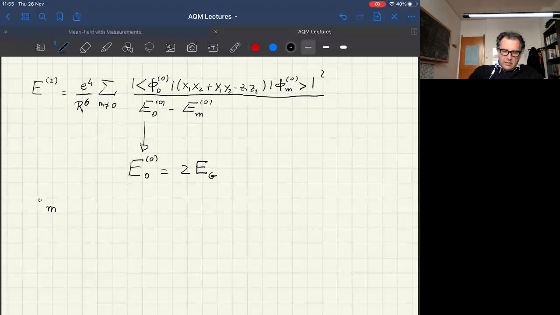m was a generic excited state, but now we have two particles, and so we have n1 l1 m1, and then we have n2 l2 m2.